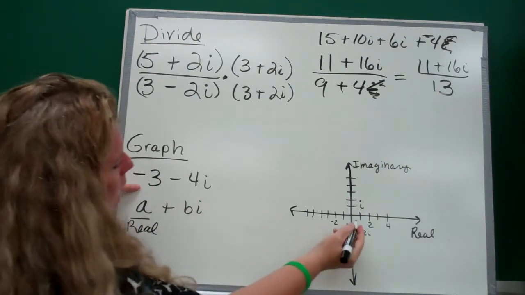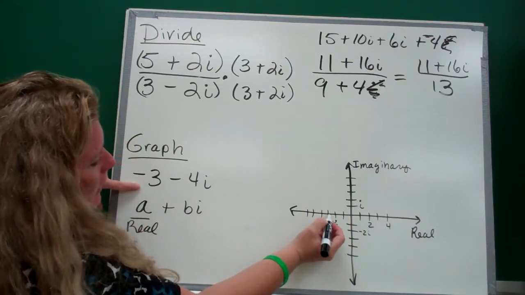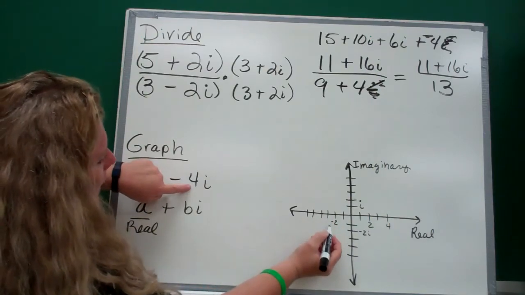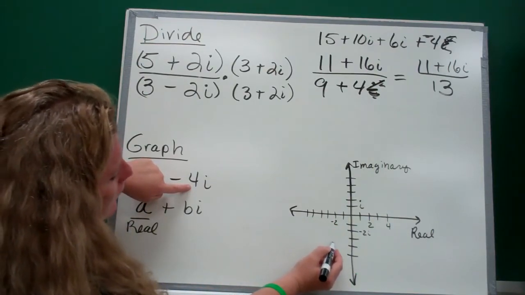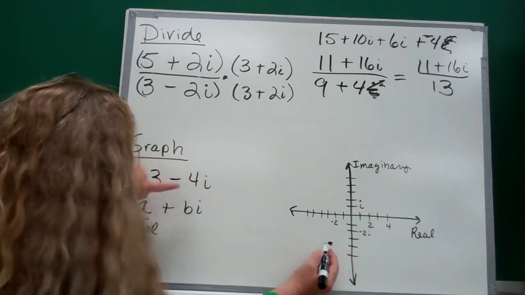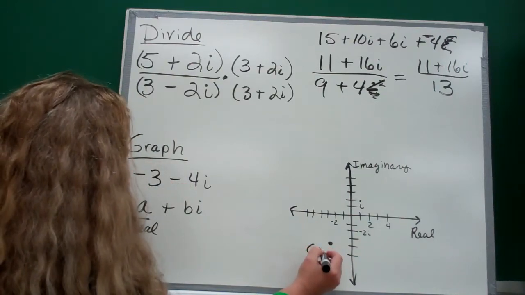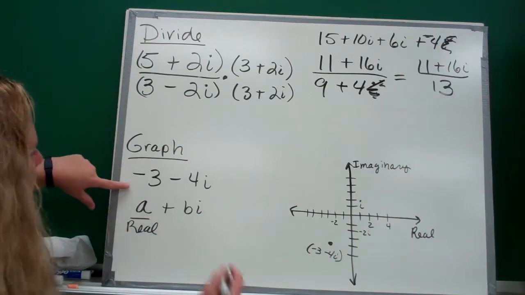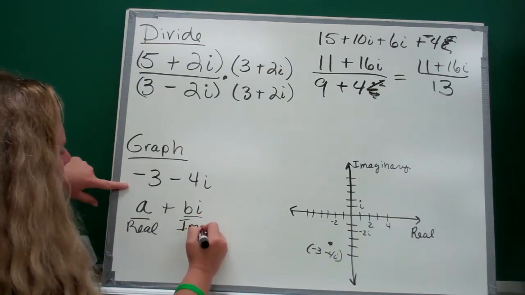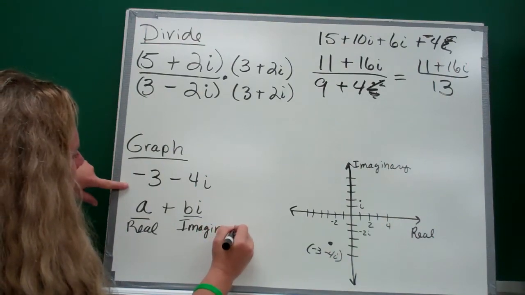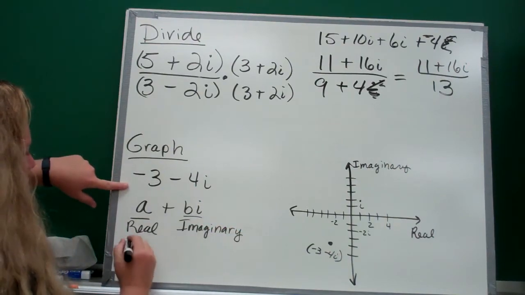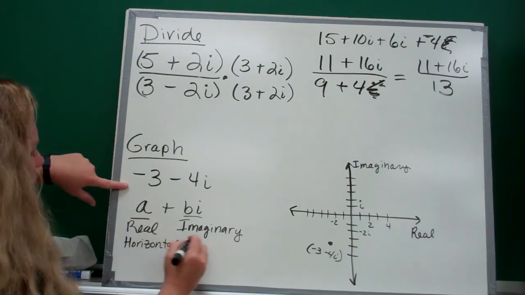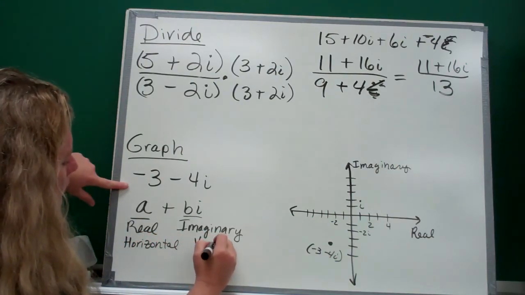So we go to negative 3 on the horizontal, and then we go to negative 4i on the vertical. And we plot that point. That point is negative 3 minus 4i. Imaginary and real. The real is the horizontal. Imaginary is the vertical.